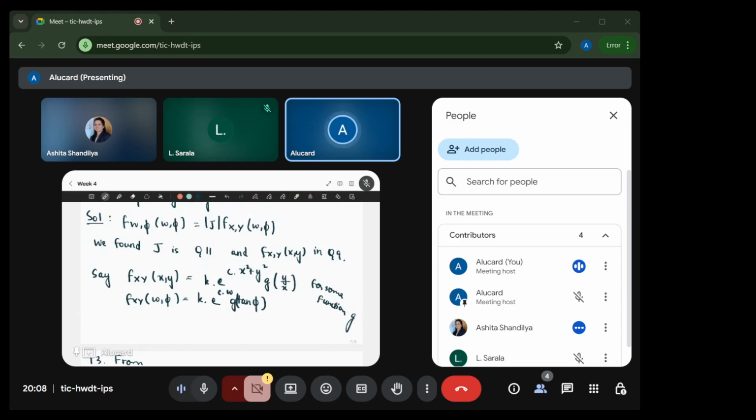So in this case, you will find that g is just the identity function. That is, y by x term doesn't appear in your distribution. There's only k e power cw for some constants k and c.